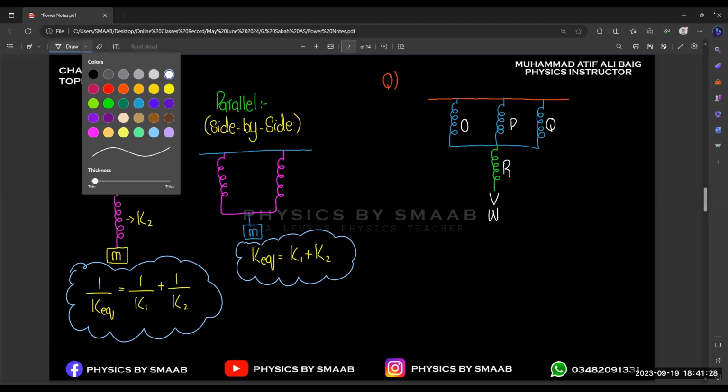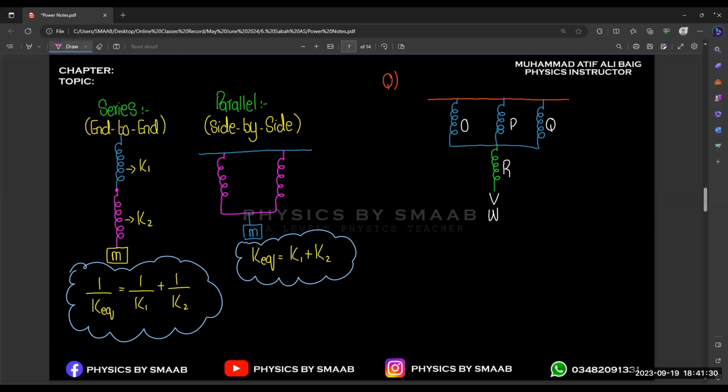But if they just give you the values, let's suppose we talk about O, P, Q, all having the same spring constant k. It's going to be 3k. So 1 over 3k plus 1 over R. And if we take the value of R as 4k, basically the spring constant for R is equal to 4k. Now your situation has actually changed, right?